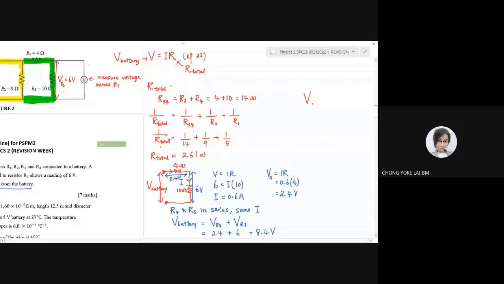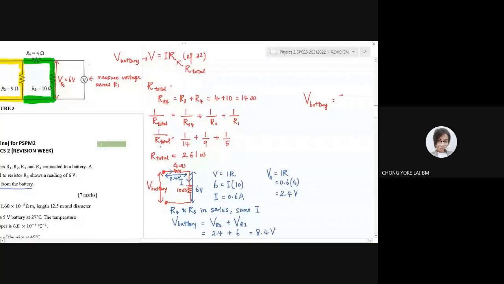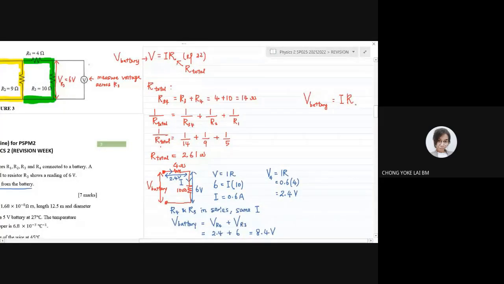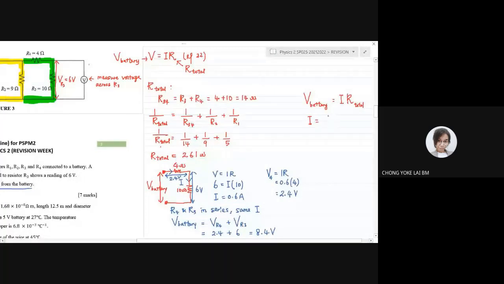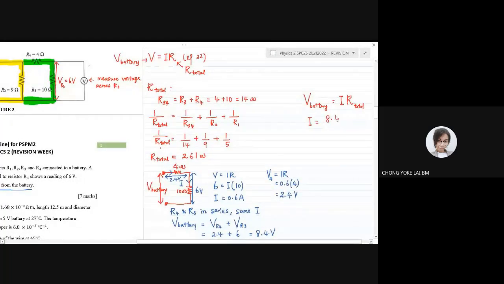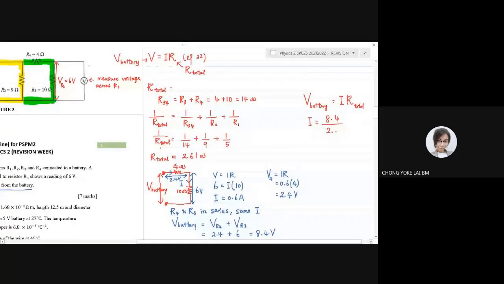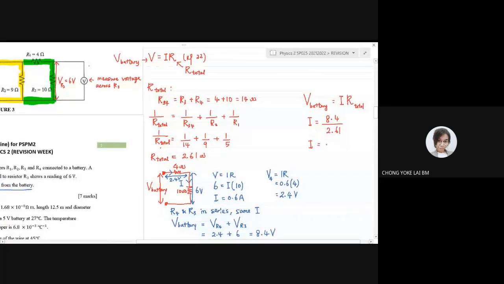So, V battery will be the current that draw from the battery multiplied with the total resistance. So we can get the current that we draw from the battery. So it will be 8.4 divided by the total resistance 2.61. So we will get the current that draw from the battery will be around 3.22 ampere.